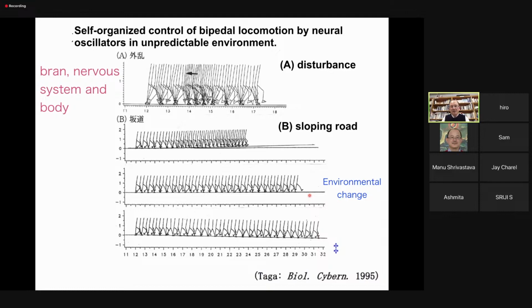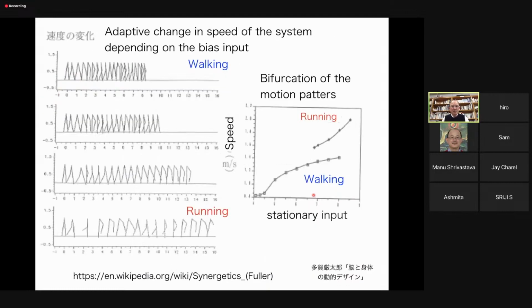This is the power of the differential equation and the nonlinear formulation. Walking and running patterns are clearly generated by this system, with the same parameters but different phenomena from the same system.